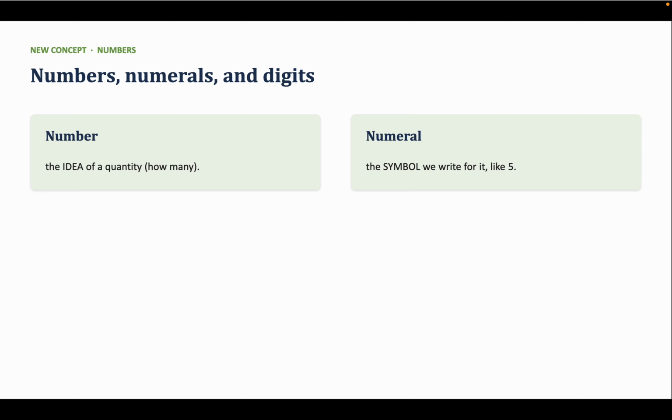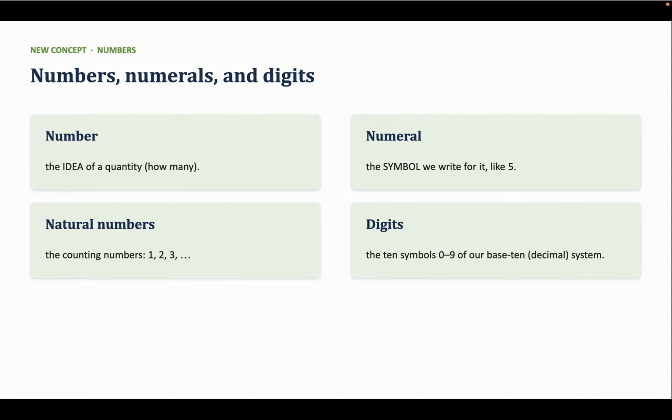The number is the thought, the numeral is the writing. The natural numbers, also called the counting numbers, are 1, 2, 3, 4, and so on. And digits are the 10 symbols that we use, 0 through 9, in our base 10 decimal system.